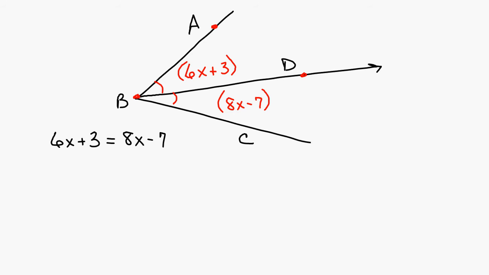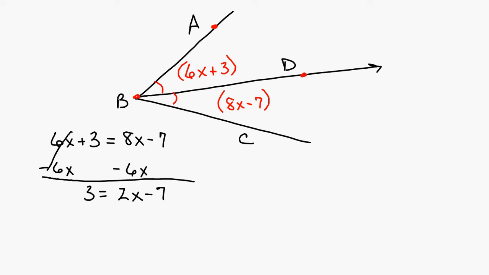And then some of you like to move the numbers first, some of you like to move the variables first. It's a preference. It doesn't matter which one you do first. I'm going to move the 6x to the right side. So subtract 6x from each side. Those cancel. 3 equals 2x minus 7.